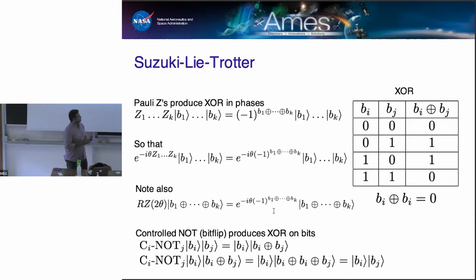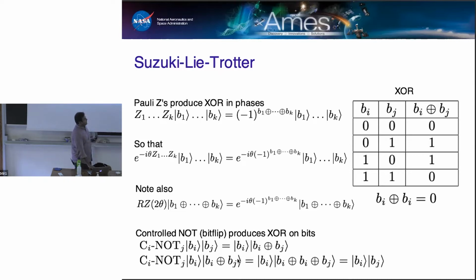So if I say that the control qubit is I and the target qubit is J, then it's going to change the value of B sub J to the exclusive OR of B sub I and B sub J. And I just mentioned that the C naught operation is its own inverse. In other words, if I apply the C naught operation to this thing, I get back the same state that I started off with, which I do.